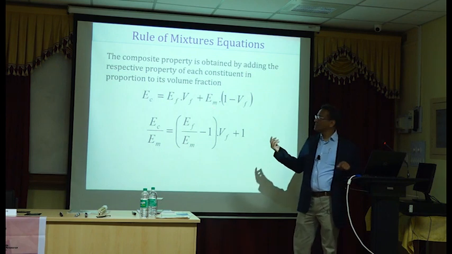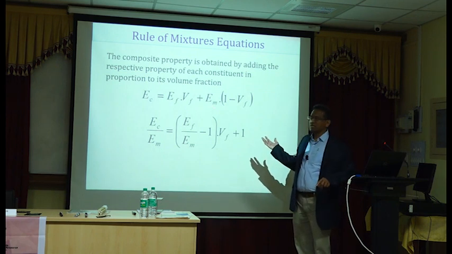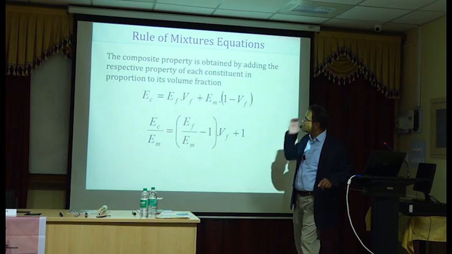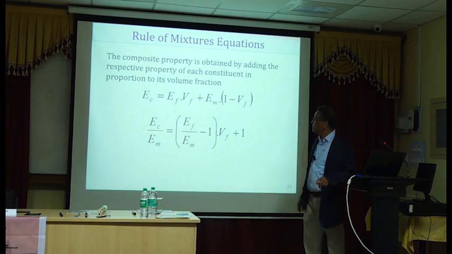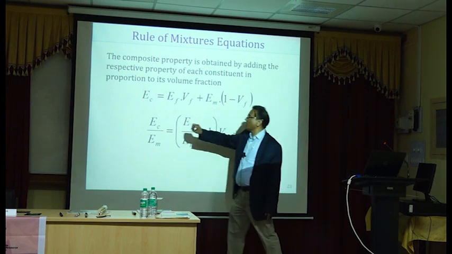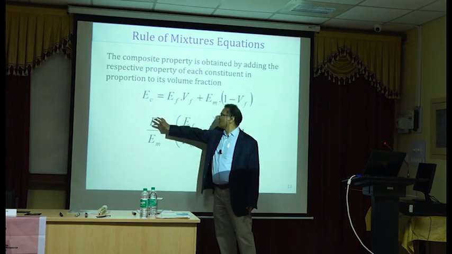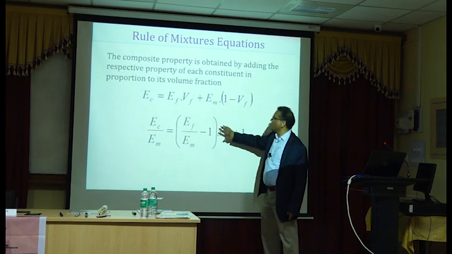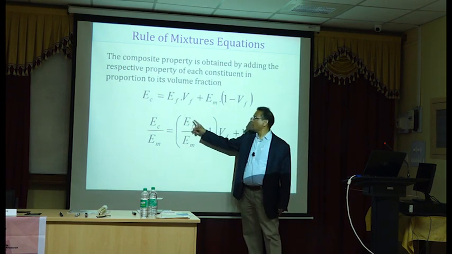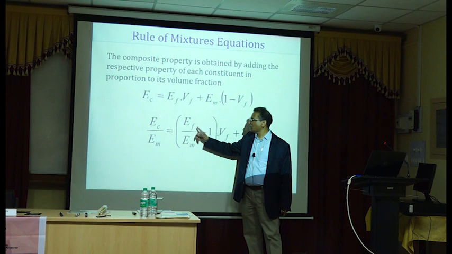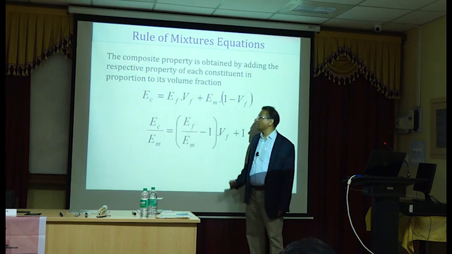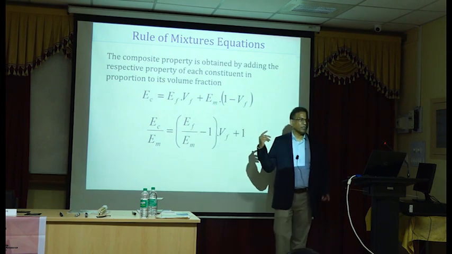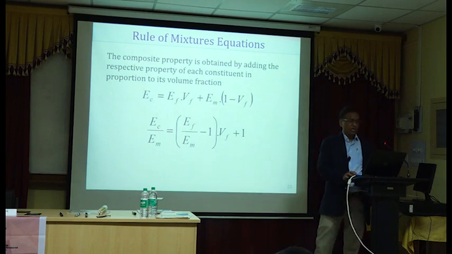You make some assumptions, and make sure those assumptions are valid after the calculations. So if you know one quantity, you can find out the other quantity. If you want to find out E sub C and you know EM, you know VF, and you don't have to know EF, but if you know just the ratio, that's good enough. Times VF plus 1 will give you E sub C. Okay?